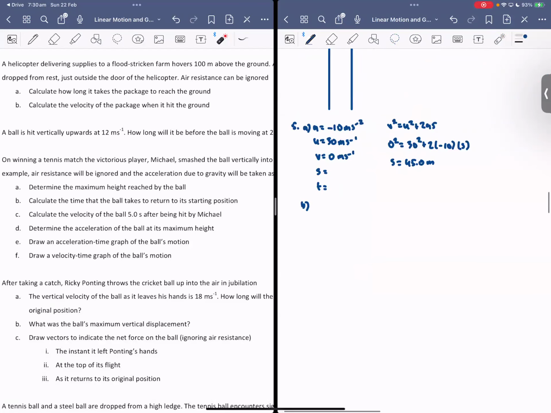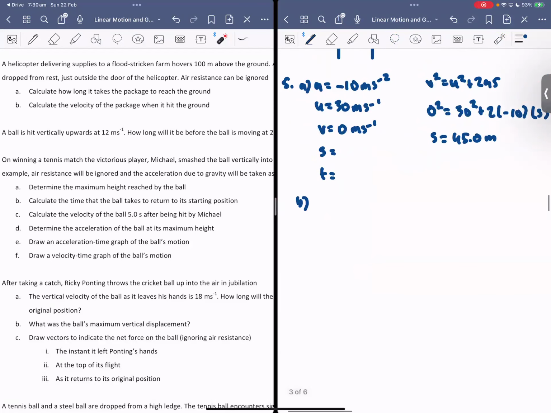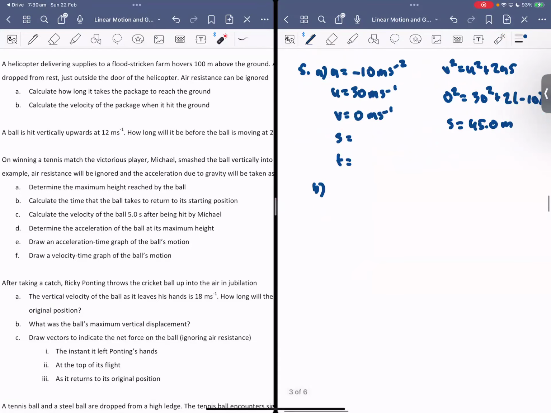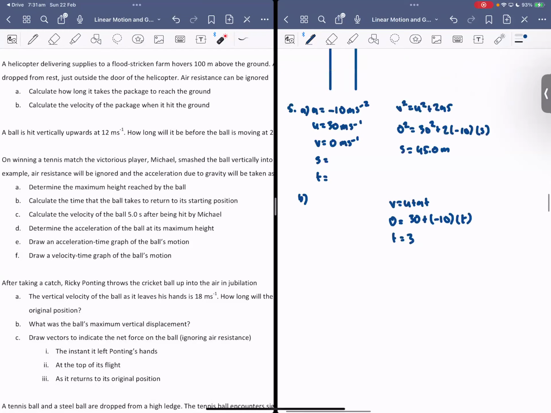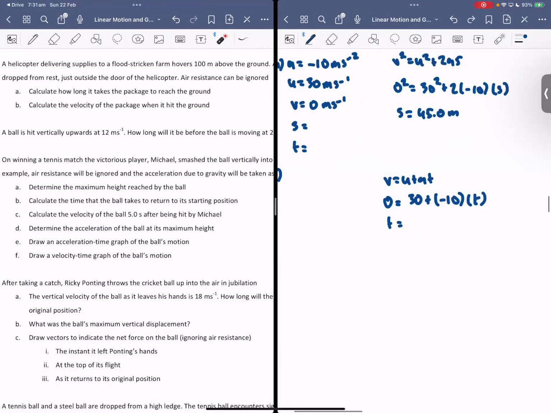So I'm spoiled for choice. What equation do I want to use? I feel like v equals u plus at. V is 0. U is 30. A is minus 10. T is what I'm trying to figure out. Turns out T is 3. The time taken to go up is 3. So what's the time taken to go up and down? 6.